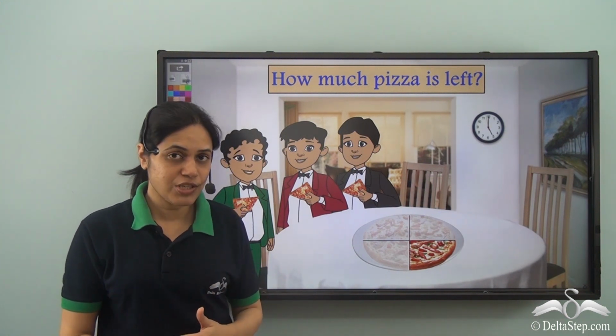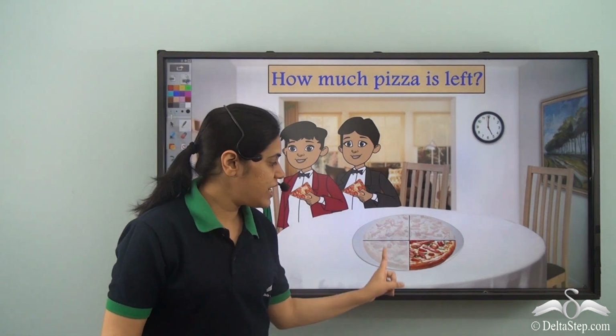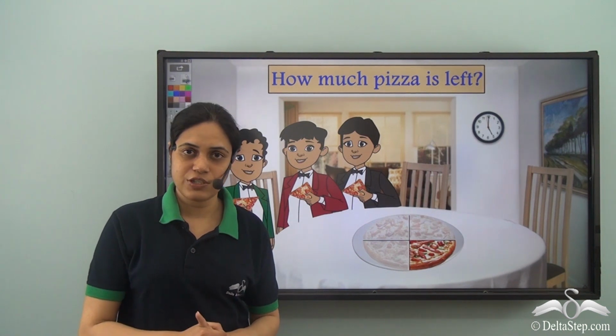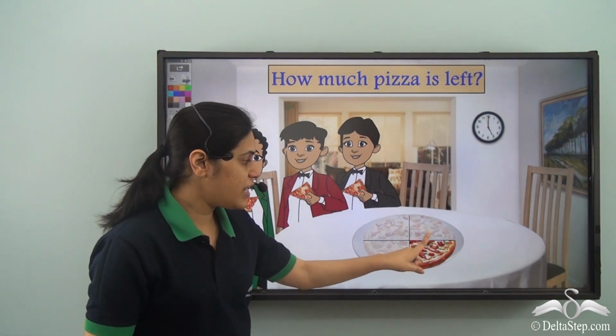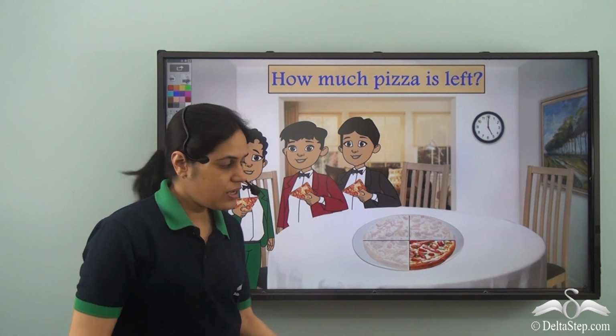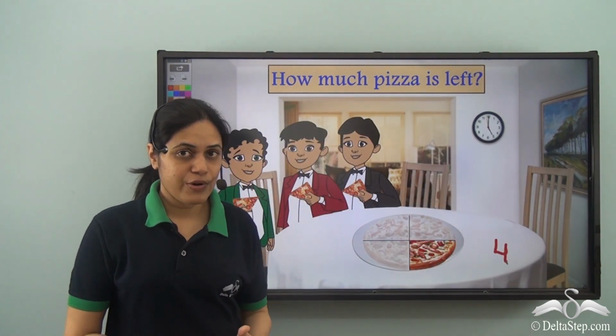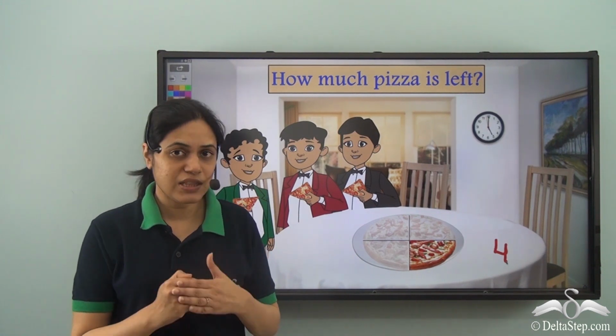Now, what is the fraction? First I need to see how many equal parts the pizza was divided into. The pizza was divided into four equal parts. So I write 4 here. The total number of equal parts is written at the bottom.